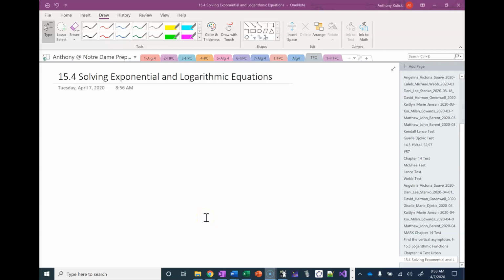All right. So in Chapter 15, Section 4, we're going to look at solving exponential and logarithmic equations. And really, I'm just going to go through and do a bunch of different examples to give you a feel for how this is done.